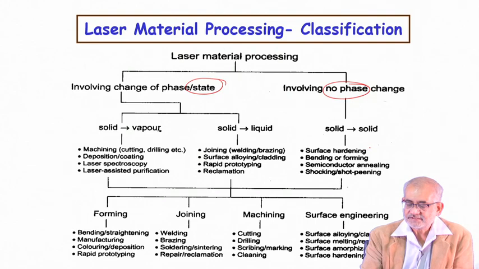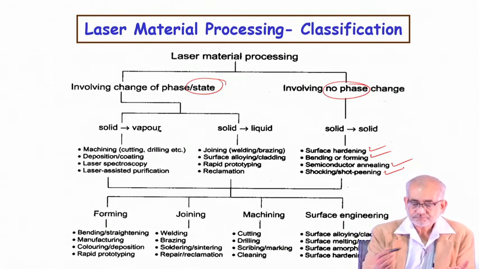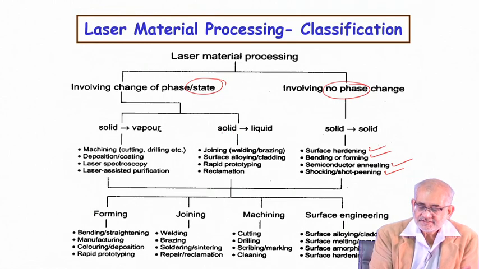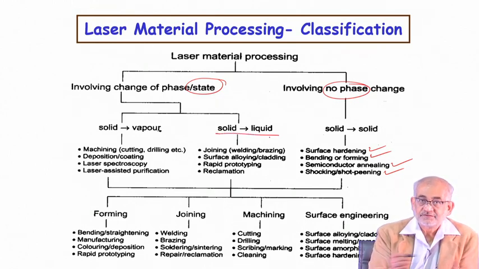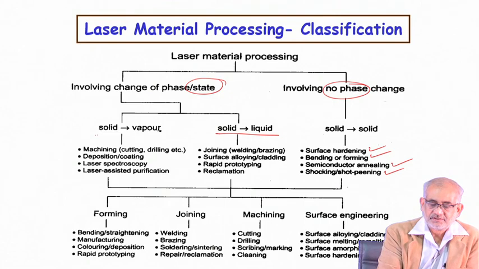That kind of application could be surface hardening, bending or forming, semiconductor annealing, even laser shock peening, and so on. Otherwise, we may see a change of state and reverting back into the original state. So solid to liquid, then coming back to solid: melting, solidification, vaporization, condensation.